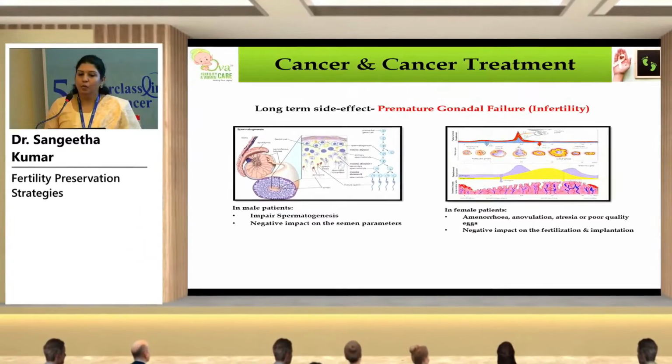So we know that cancer and cancer treatment have a deleterious effect on reproductive health. The long-term side effects are premature gonadal failure, that is infertility. In male, it can impair spermatogenesis and has a negative impact on the semen parameters.